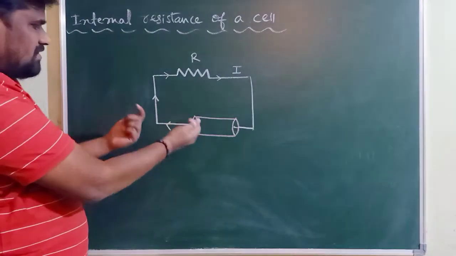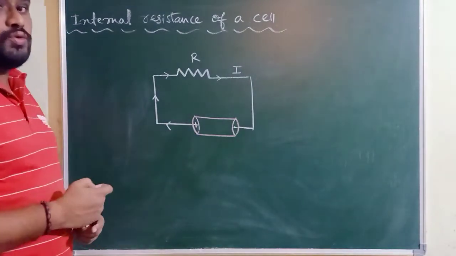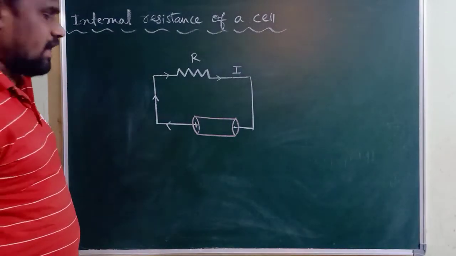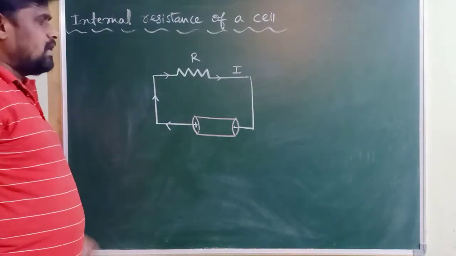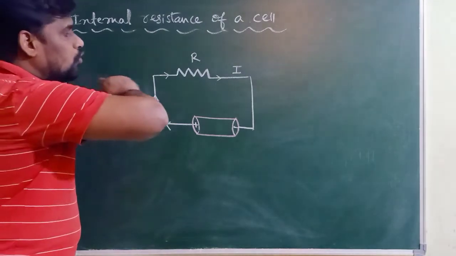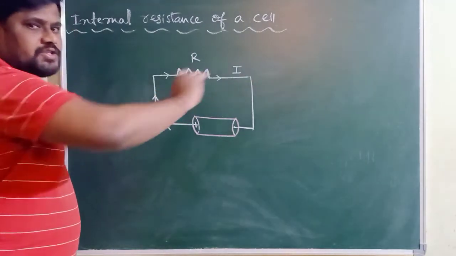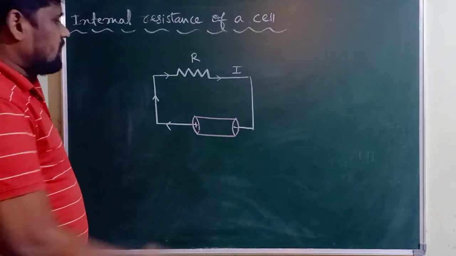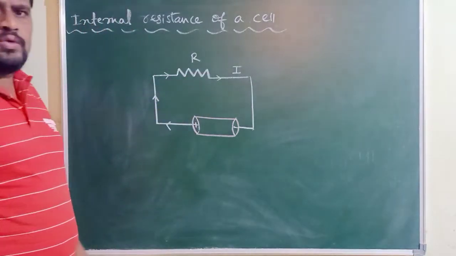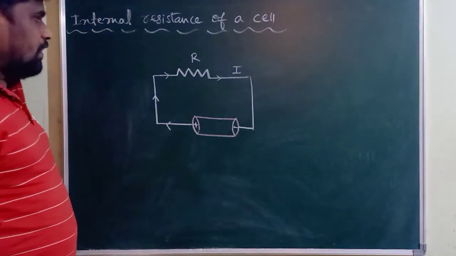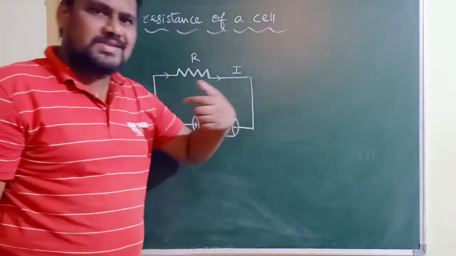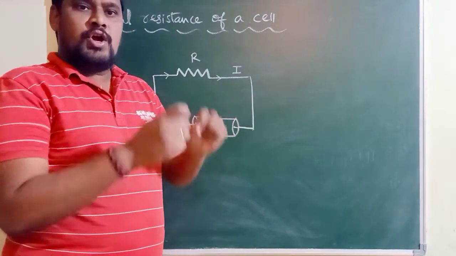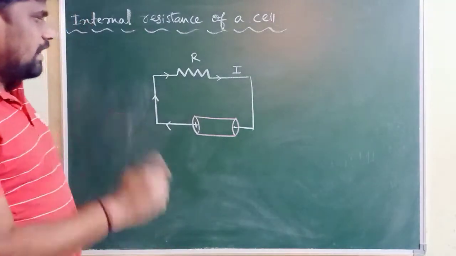You know very well, a cell is a device which is used to draw electric current. When the current is drawn from the cell, that current starts flowing through the external circuit. When the current flows through the external circuit, definitely the external circuit is going to exert some opposition force for the flow of electric current.